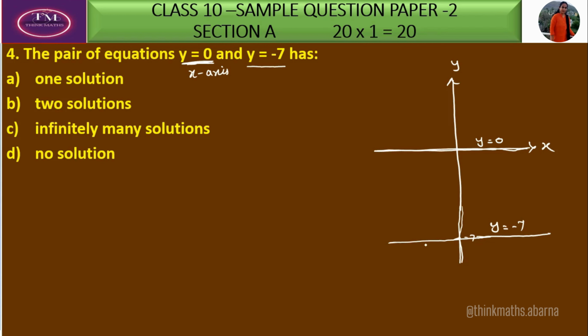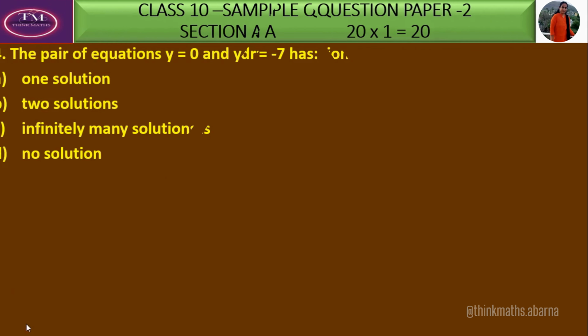If they do not intersect, there will not be any solution. So option D. The answer is D, no solution. This is the correct answer. Okay, so moving on to the fifth question.